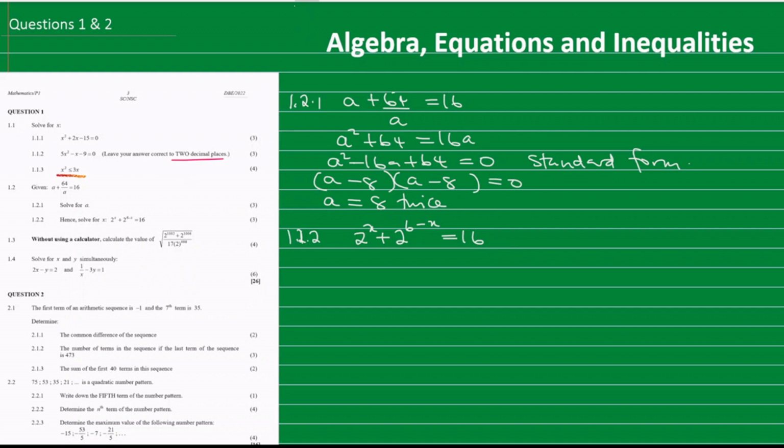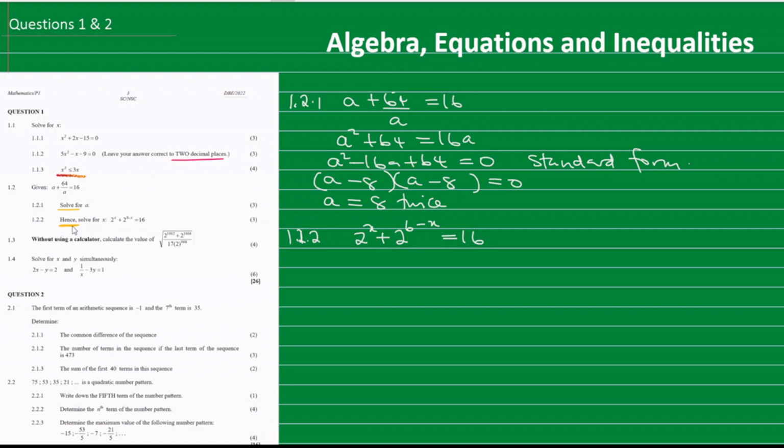Now when you see this statement which asks you to say hence, it implies that you have to use the previous answers that you worked out to derive or to calculate or to determine the value of x.